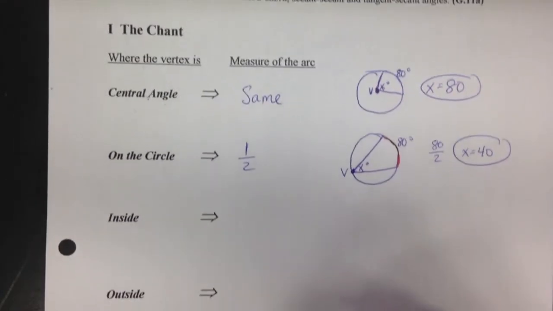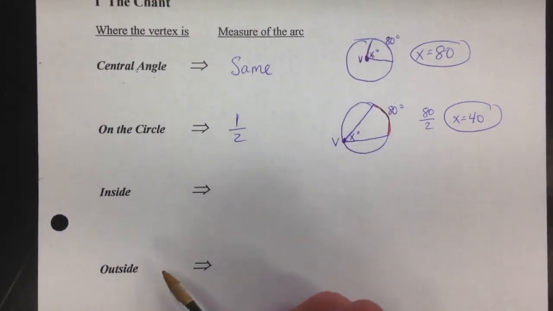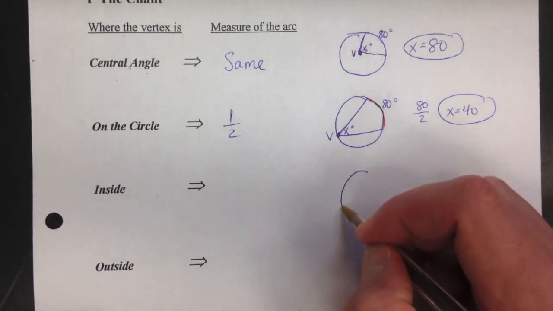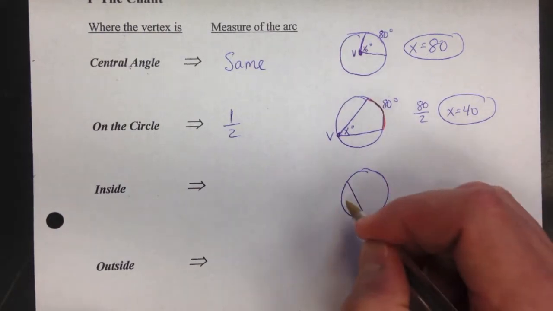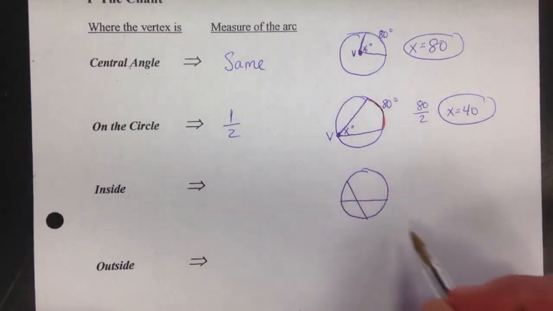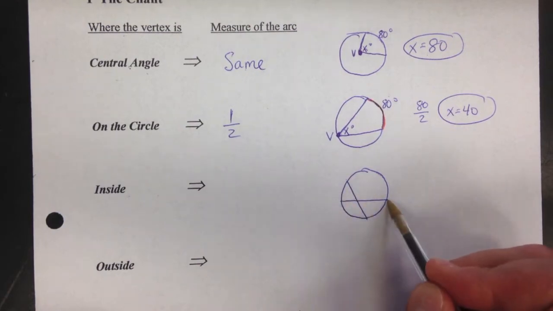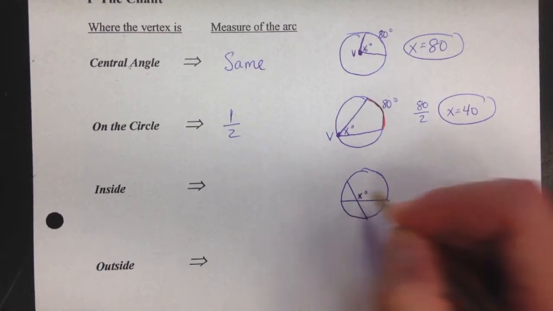All right, so today we're going to talk about what happens when the angle is inside and when it's outside the circle. Inside, I'm going to draw a picture here. Let's say that we have two chords, two segments intersecting. Both of these are called chords because their endpoints are on the circle. And we'll say this is x degrees right here.